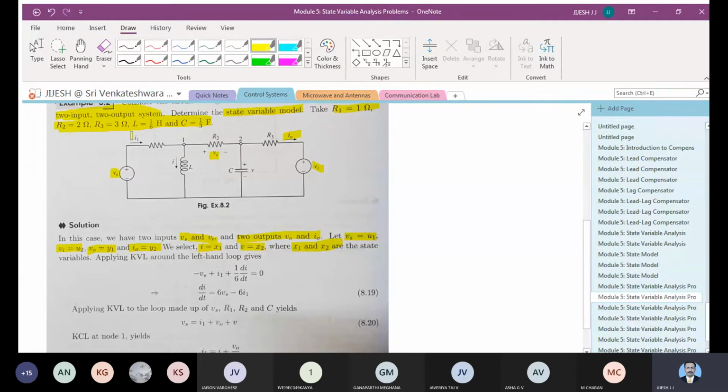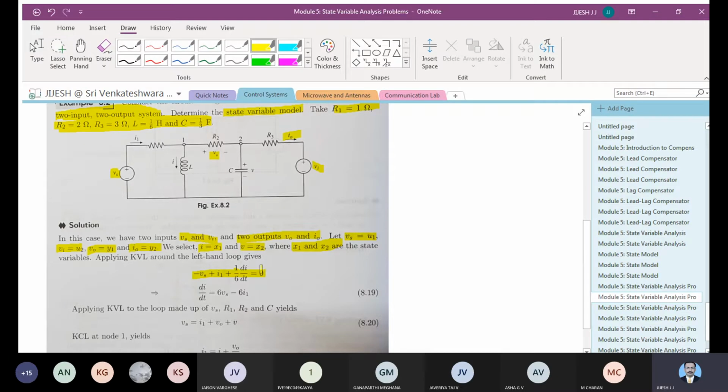Vs plus I1 and plus L, which is given for you as 1/6. So I am directly writing it as 1/6. R is given for you, this is R1. R1 is not written there, but it is R1. R1 is given for you as 1. So it is minus Vs plus I1 plus 1/6 di/dt is equal to 0.